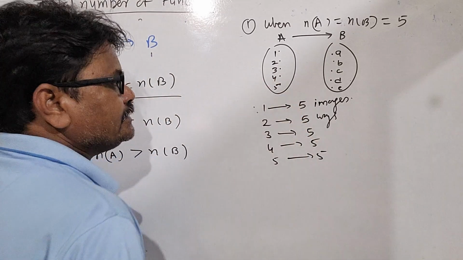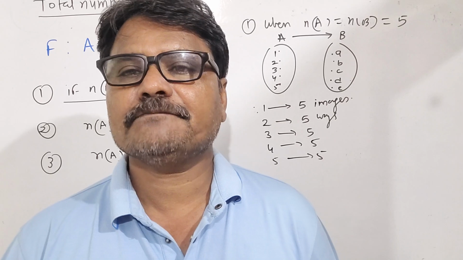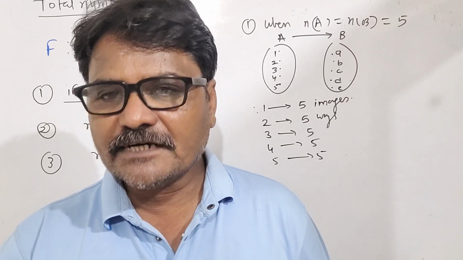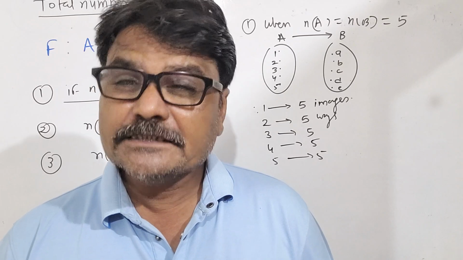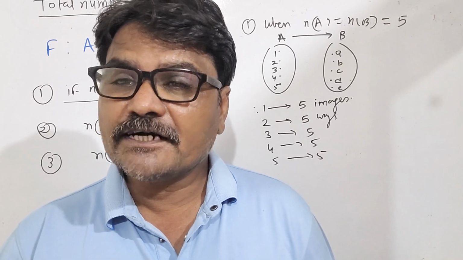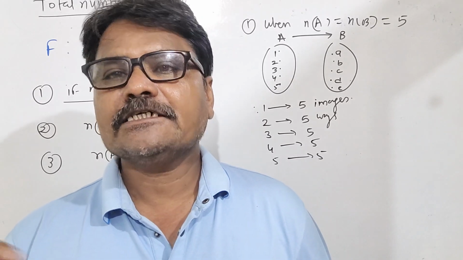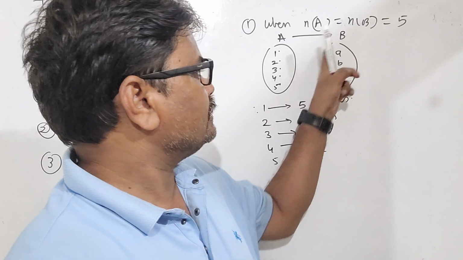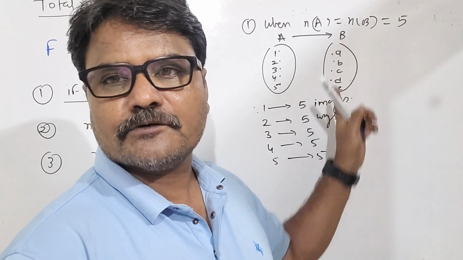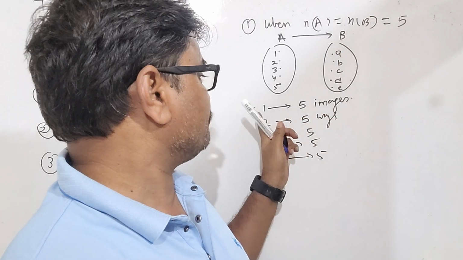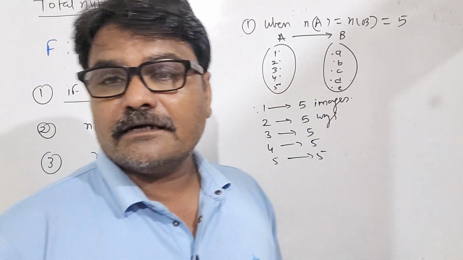So each element can take 5 images in the codomain set B. If 1 is taking 5 images, it means there are 5 distinct functions, by each rule 1 is associated with an element of the codomain set B.